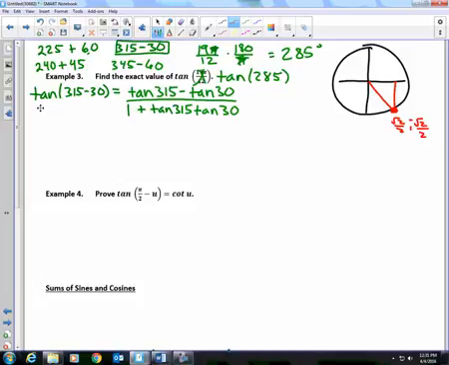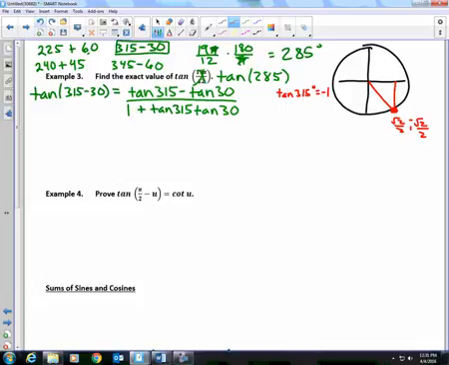Is tangent x or y divided by x? Y divided by x. If you divide them, what do you get? Negative 1. So therefore, the exact value of tangent of 315 degrees is equal to negative 1.